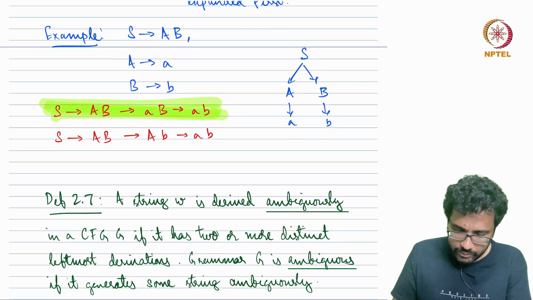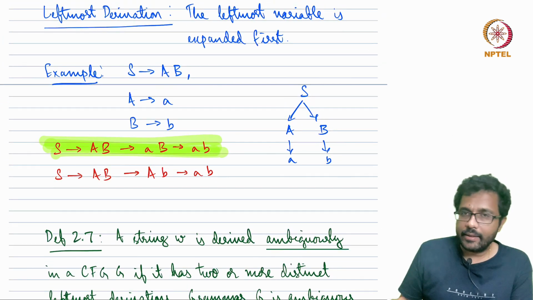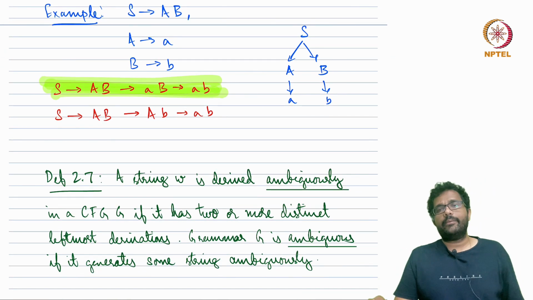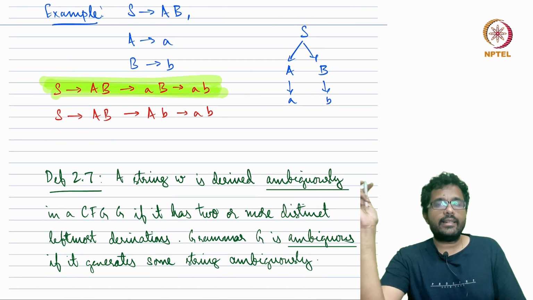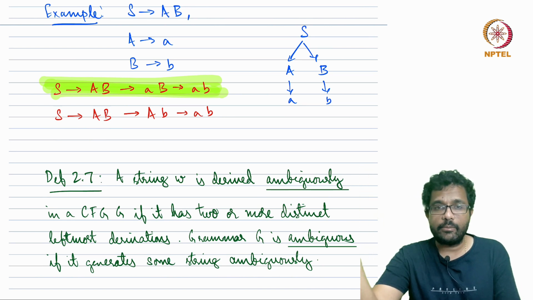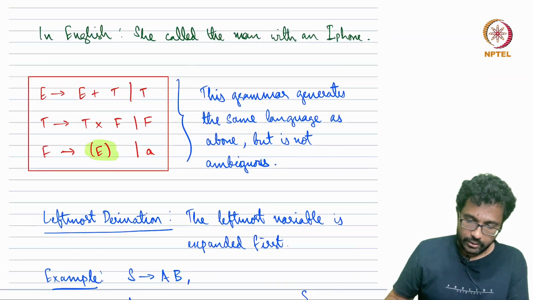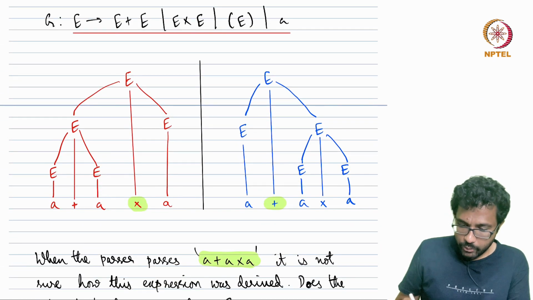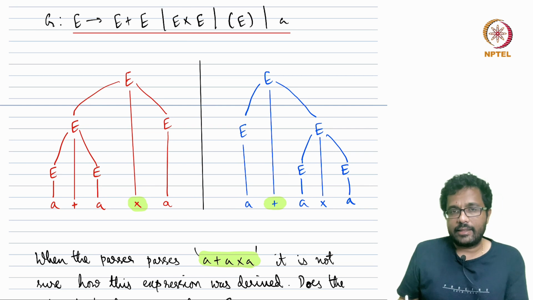I am just defining this leftmost derivation just to define formally what is ambiguity. We say that a string is derived ambiguously if it has two or more distinct leftmost derivations. So this is an example. A plus A multiplied by A has at least two distinct leftmost derivations.